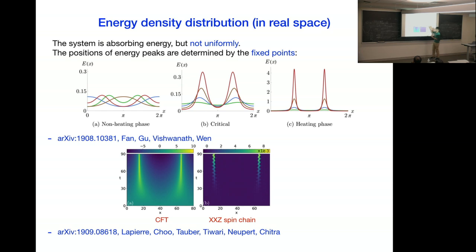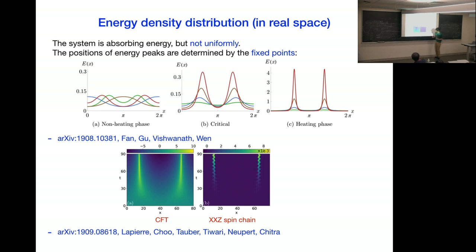But in the heating phase, as we drive the system, we have found that the system will absorb energy exponentially in time. What's amazing, the system does not absorb energy in a uniform way. There are two peaks in real space. This is real space. There are two peaks which grow exponentially in time.